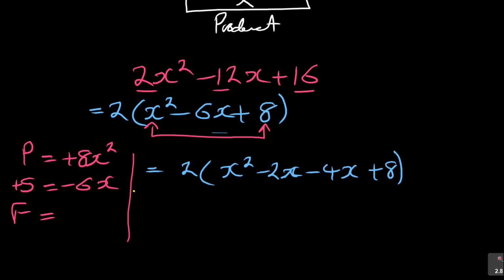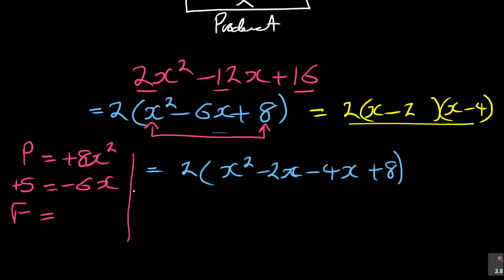Oh, by the way, can you do that quicker like the way you did? Yes, you just put 2, put your brackets like this, and then it was x minus 2, x minus 4. That was going to be your answer straight away. Are you with me? But here you maintain your 2 also. Look at the first 2, x is common, put another bracket.